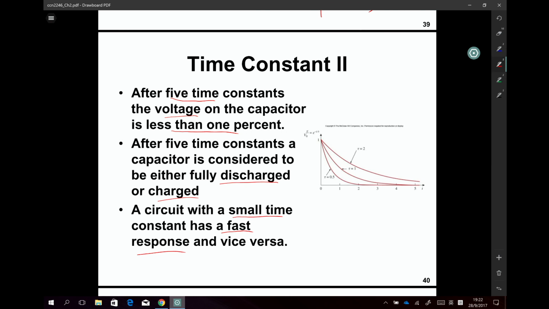As I told you, if you want a battery to have a longer life, you should have a large time constant. If the time constant is larger, your curve will become fatter in order to sustain your voltage.